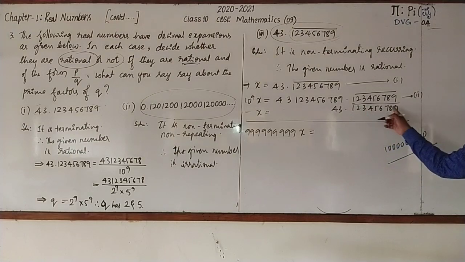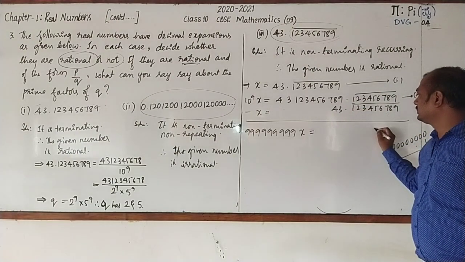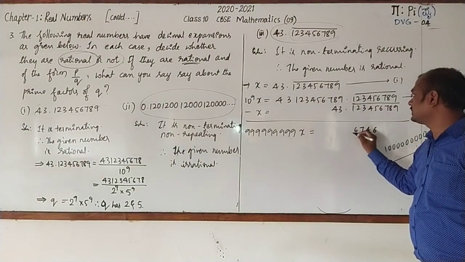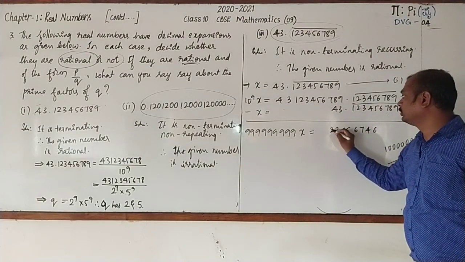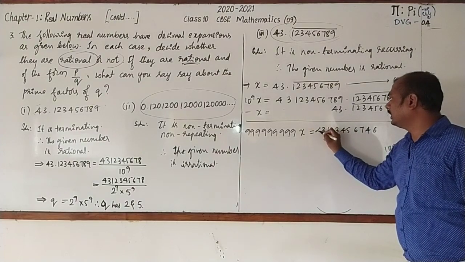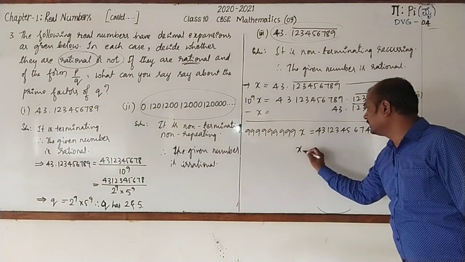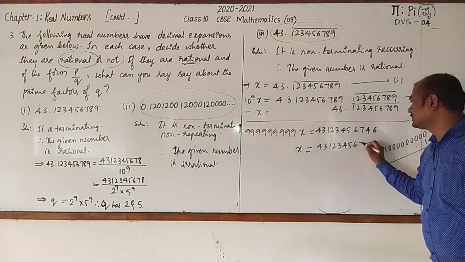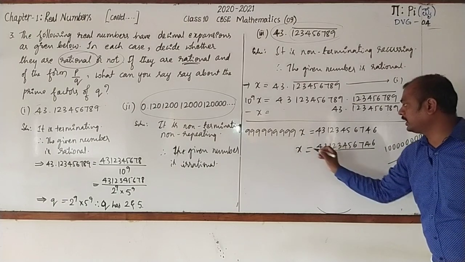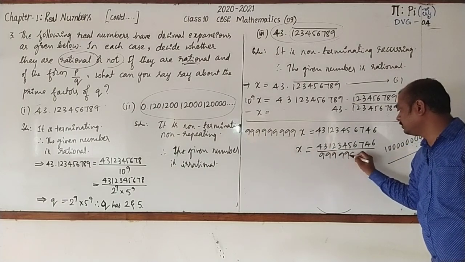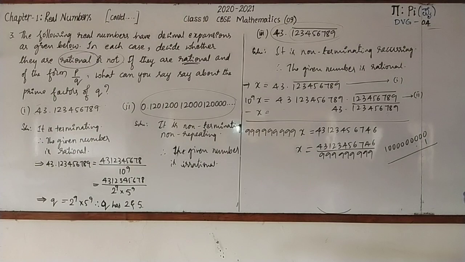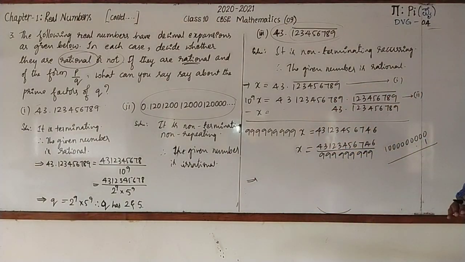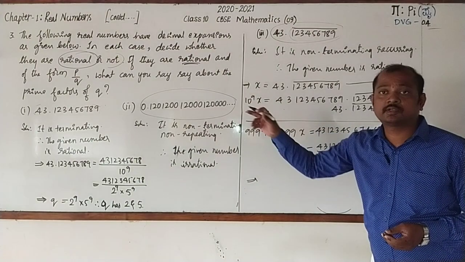This is equal to, now these get cancelled. You will get 9 minus 3, 6. It is 4. Next 7, 6, 5, 4, 3, 2, 1, 3 and 4. This can be written as x is equal to 43123456746 whole divided by 9, 9 times 9 should be written. Understood? Then what can you say about the prime factors of q?